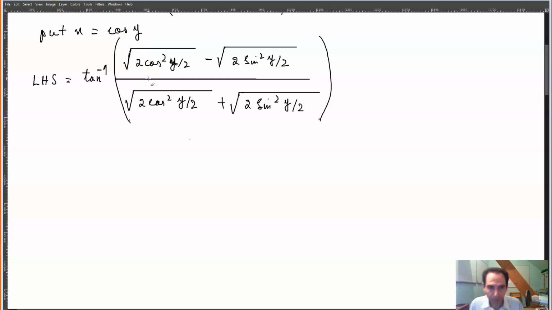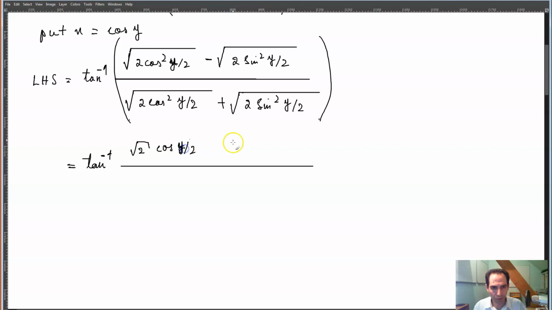So in this step we can write this as the tan inverse of, for example, (square root of 2 times cos of y/2 minus square root of 2 times sine of y/2) over (square root of 2 times cos of y/2 plus square root of 2 times sine of y/2).